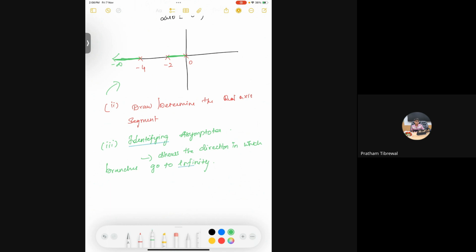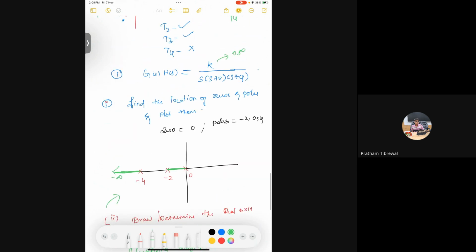Particularly, why are you calculating asymptotes in this question? Can you relate it to the properties we learned? No idea till now. How many zeros are here? 0. How many poles are here? 3.